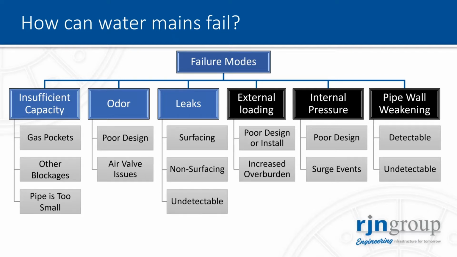And then lastly, pipe wall weakening, talking about different technologies to detect corrosion, both internal corrosion, external corrosion, or depending on the pipe type, wire breaks or bar breaks within the pipe wall. But then acknowledging that there's no one technology that tells you everything you want to know in terms of pipe wall weakening. So there is some damage that is undetectable that provides some risk of failure in the future.